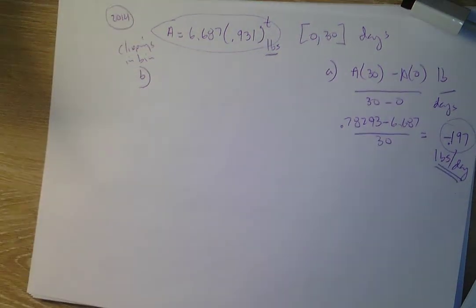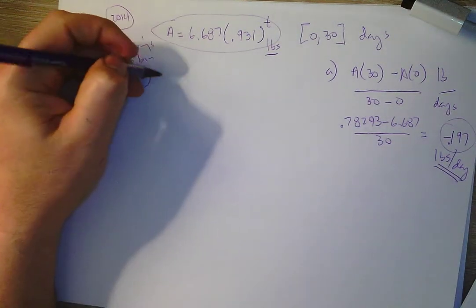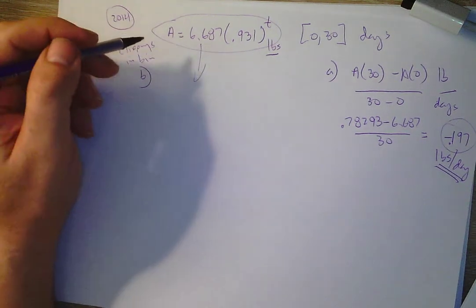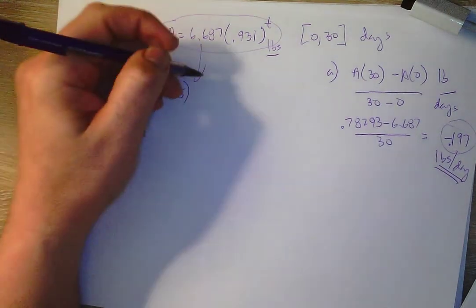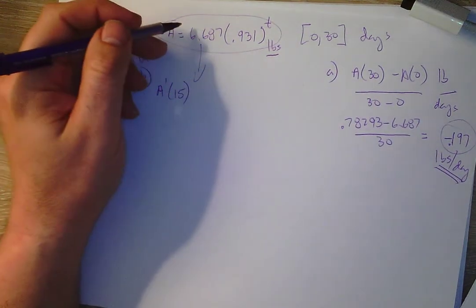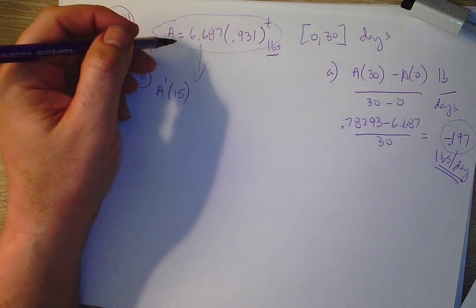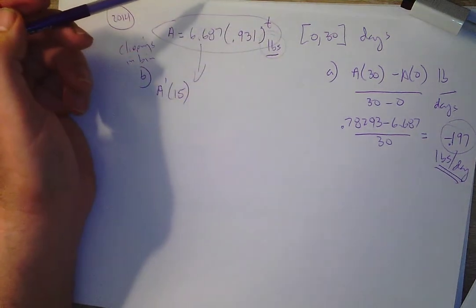Part B. Find the value of A prime of 15. Well, I know what A is, and I don't really want to take the derivative by hand and then plug in a 15, nor do I have to because this is the calculator portion. I do have to understand, though, that they're likely to be asking me to explain, using correct units, the meaning of this number. So A was the amount of grass clippings in the bin.